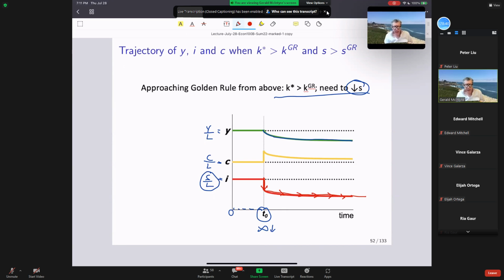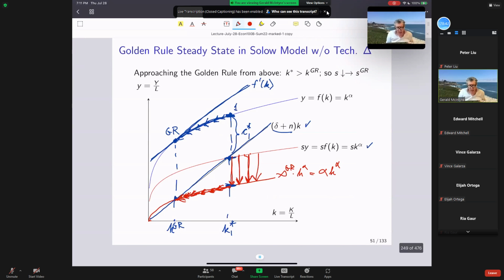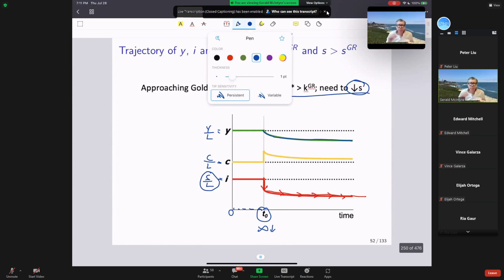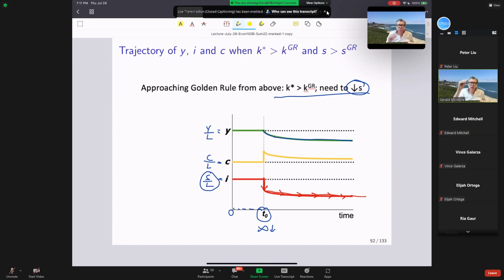Finally, consumption. Consumption starts this big, and since the savings rate is falling, consumption is actually rising and then falls a bit. So consumption spikes up and then falls a bit as we get to the new steady state. And that's in fact what's happening here.